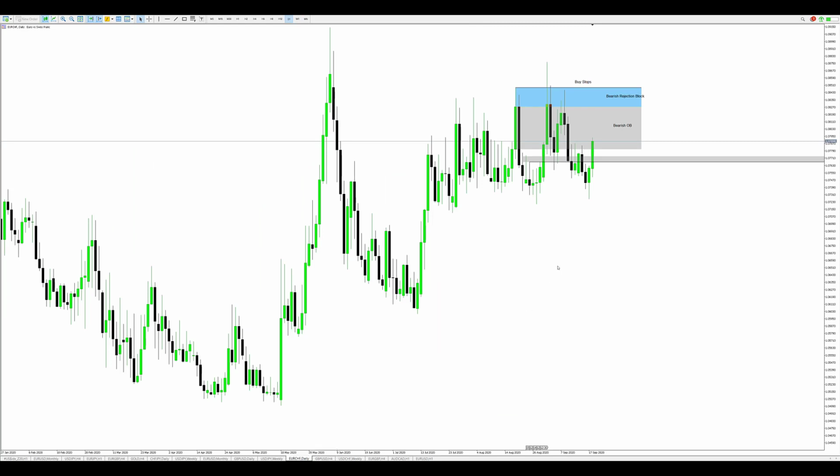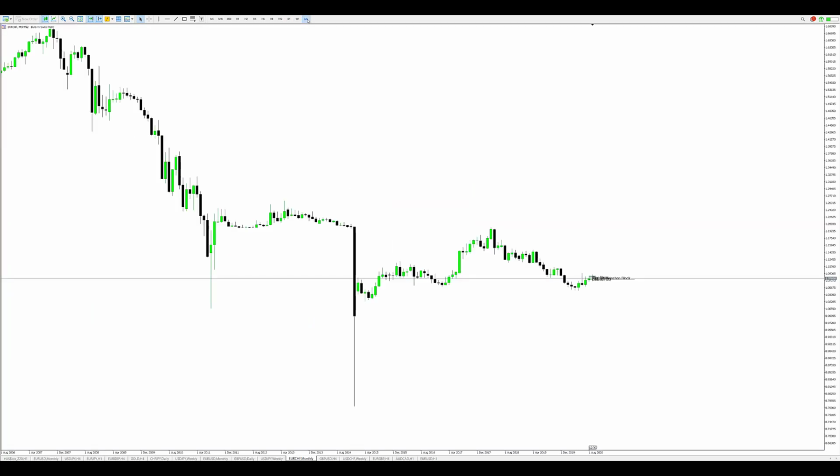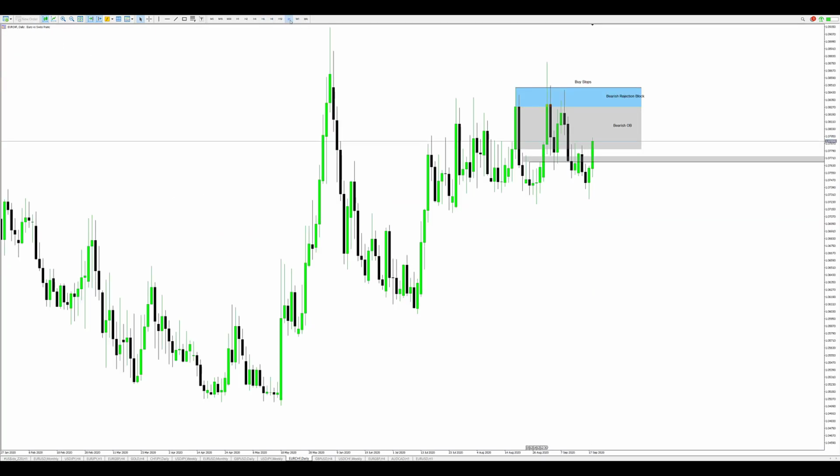And then Euro CHF, currently price is trading in a daily bearish order block, of which I expect it to reach into this up candle here. This is where you should start hunting for your short trades around 1.080. That's going to offer you good shorting opportunities there.